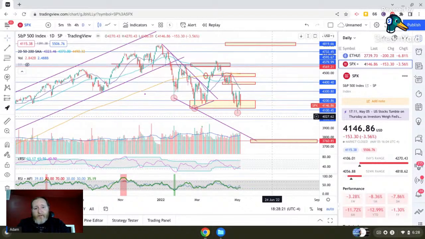The S&P 500 dropped 3.6% on Thursday in an overly disappointing session, I would say. The Nasdaq fell 5%. The Russell 2000 declined 4%, while the Dow Jones retreated 3.1%.